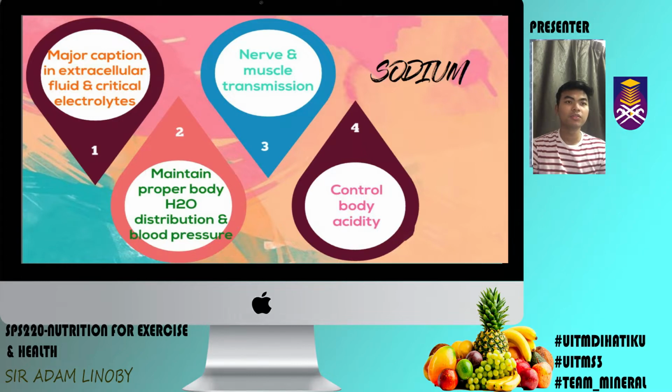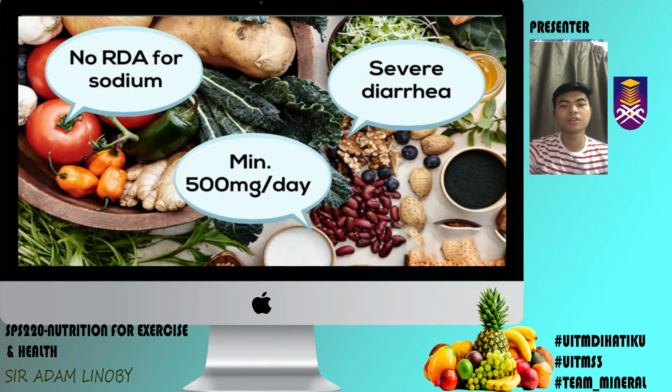Then, nerve and muscle transmission, and it controls our body acidity, which means controlling our pH level. According to the RDA, none is provided for sodium. A person needs a minimum of 500 mg per day of sodium.